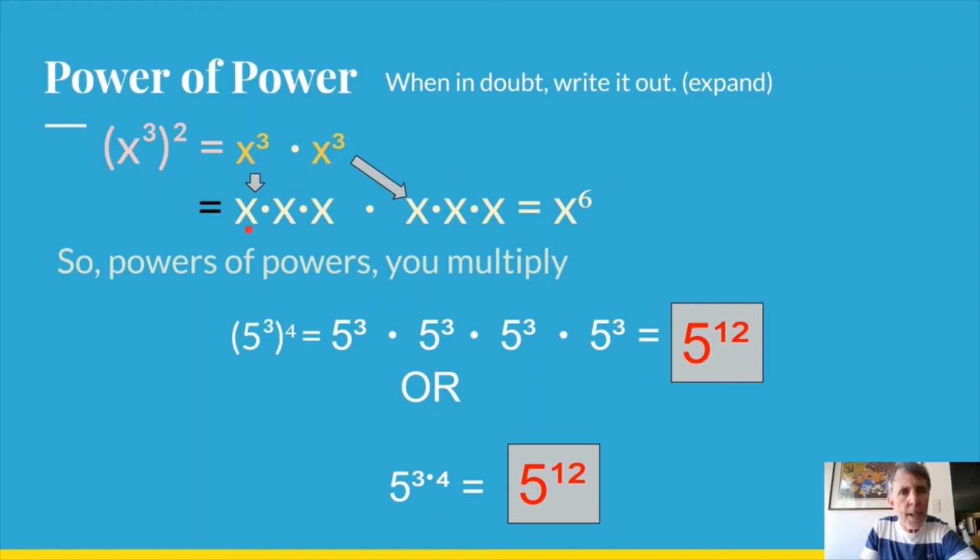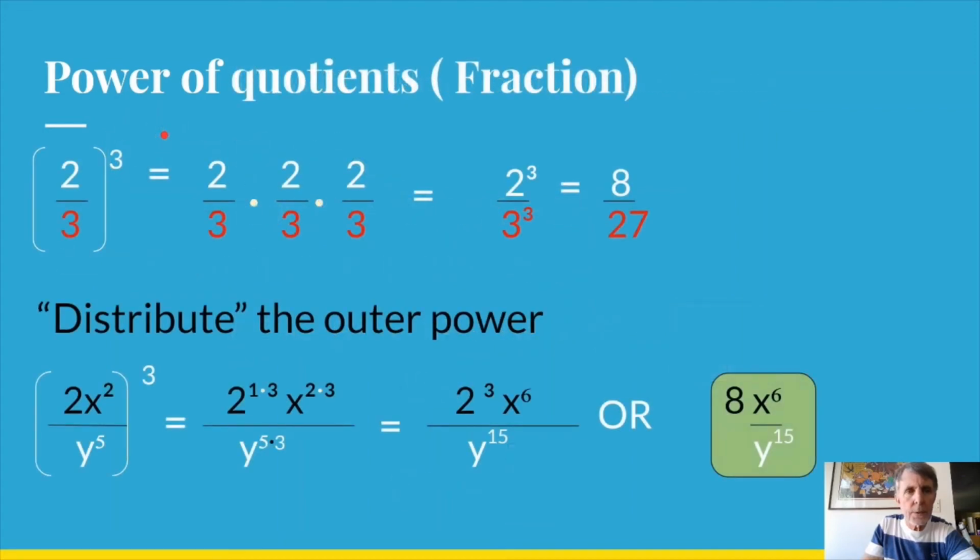There's 2 of them. And then I'm going to write 3 x's here and 3 x's here. And if I count them, 1, 2, 3, 4, 5, 6 x's, I say, well, what's the relationship between 3, 2, and 6? And I say, well, look at that. If you multiply, you get 6.